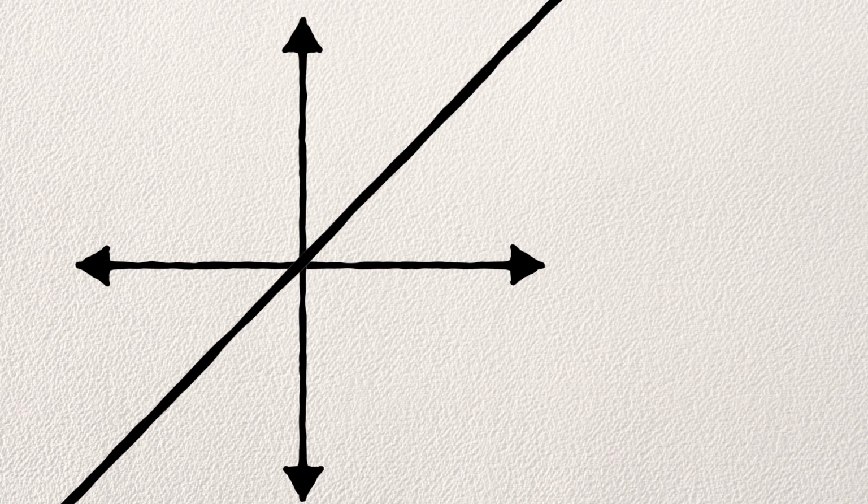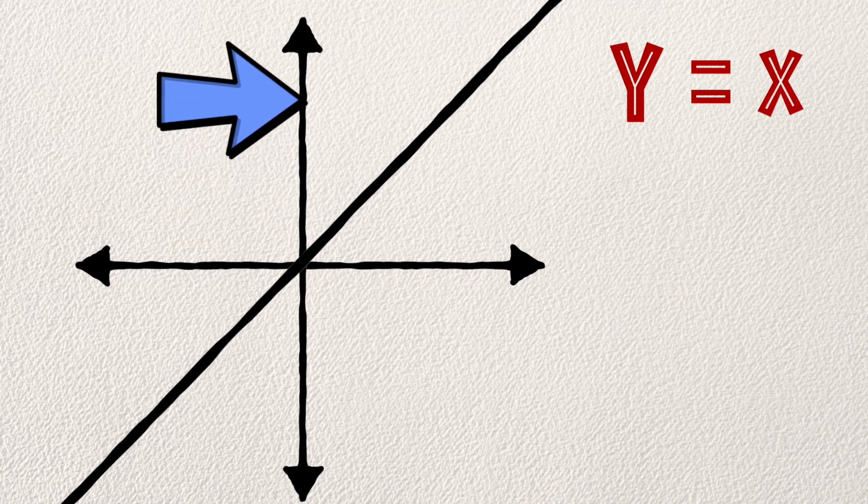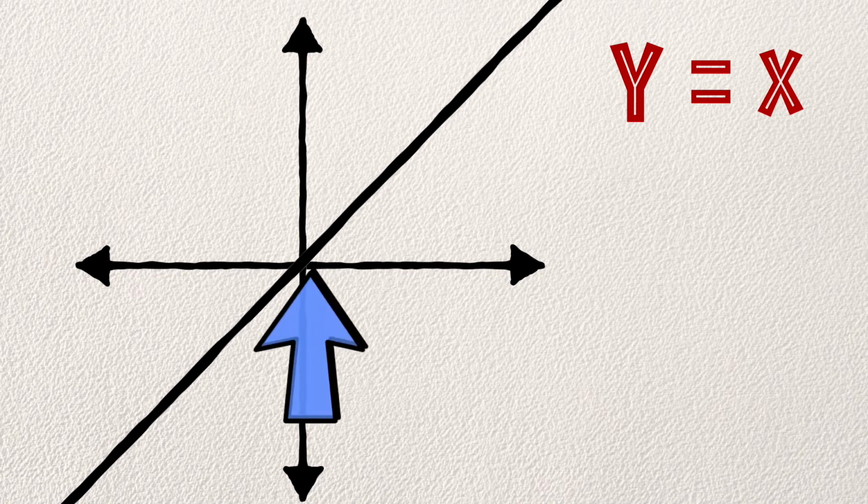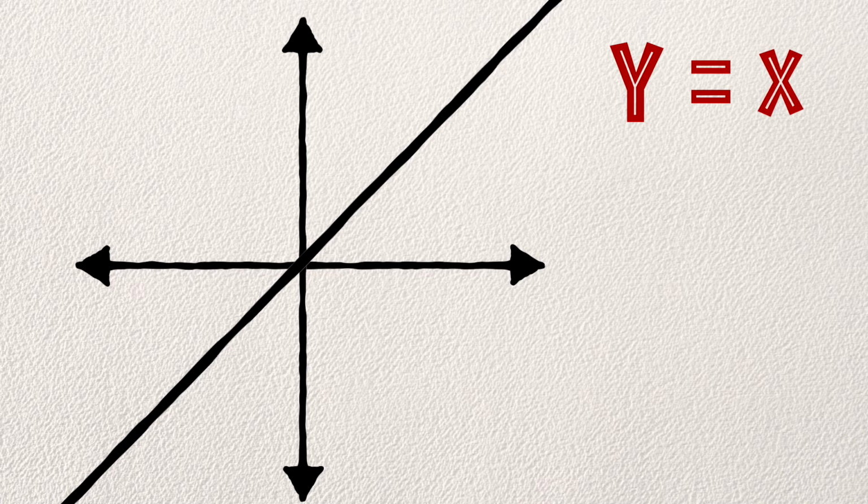Here is our graph. We have graphed the line y is equal to x. So, the value of y is equal to the value of x. Now, what would the graph look like if we say y is greater than x?